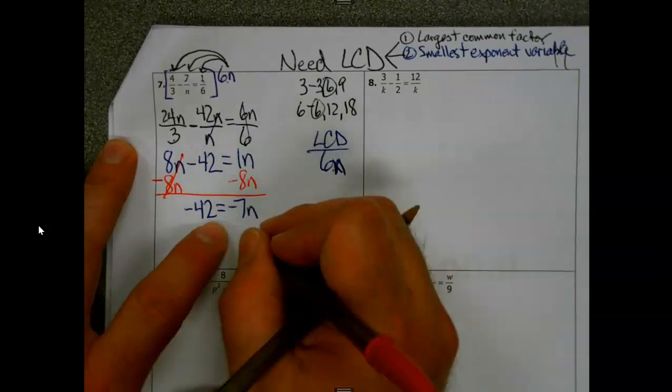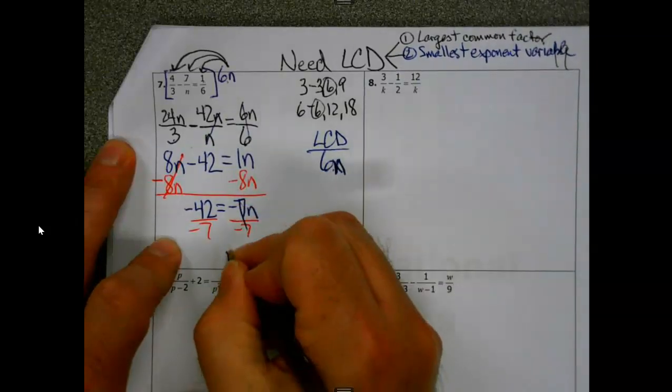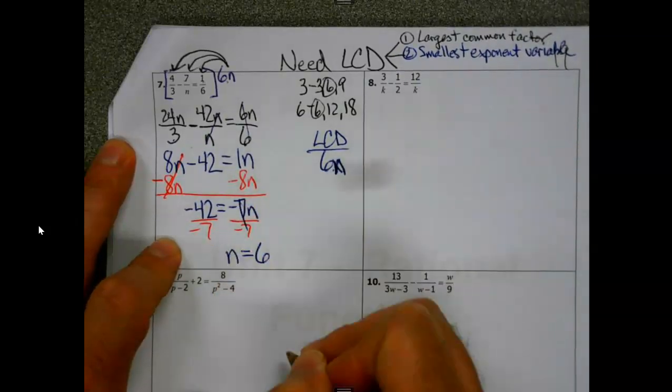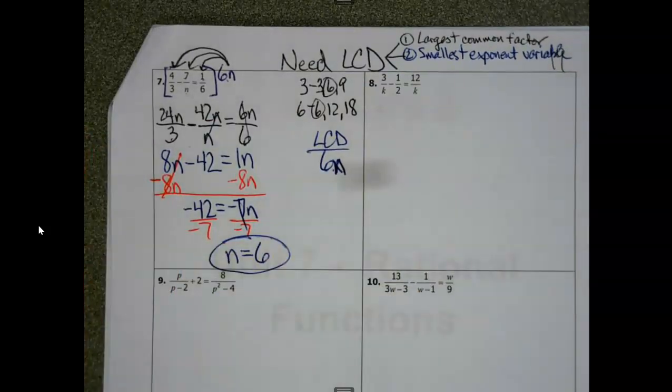That's multiply by negative 7. And since that 6 doesn't cause a 0, we're good. That's the only catch that we can run into with these.